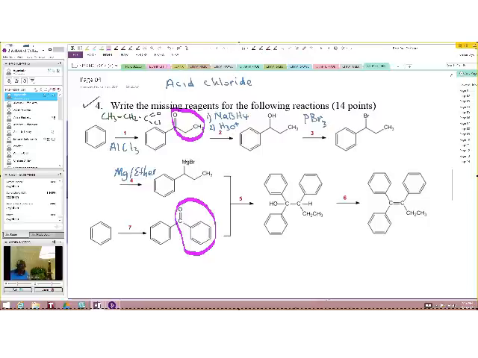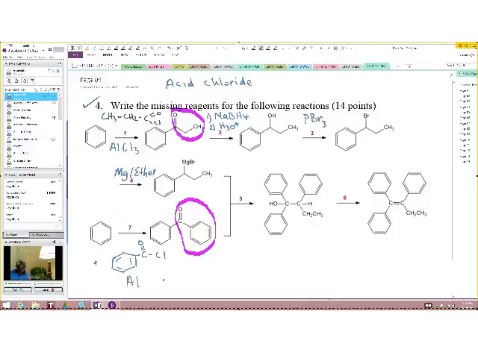So we have this here attached to the chlorine, that is your acid chloride. You use this with aluminum chloride.